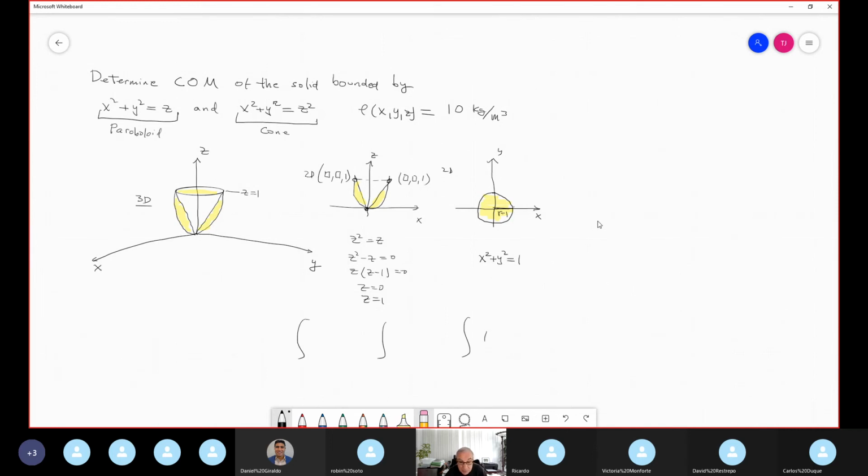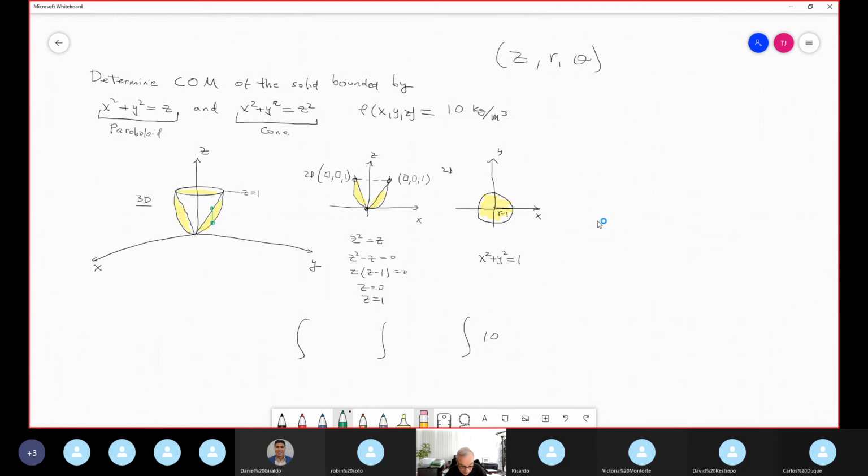The integrand function is 10. Well, I suppose que si I'm using cylindrical es 10 r dz dr d theta. And z goes from the z of the paraboloid to the z of the cone. z1, z2, dz.